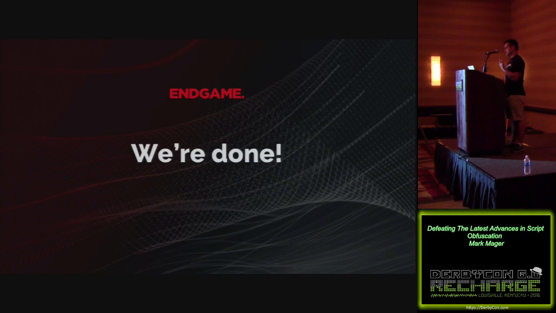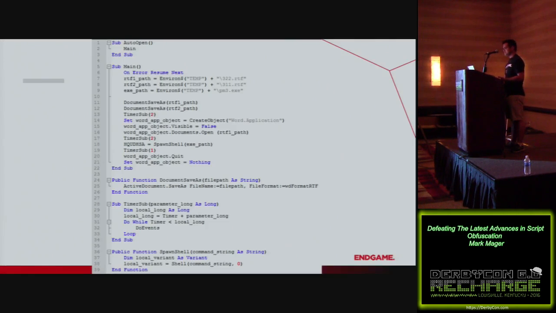Here's what the actual end result is. Definitely a little more clear, but if we want to go through and order the control flow, we're saving a copy of the active document, the current Word document that's being referenced. We're saving two copies of that, one called 322.rtf, one called 311.rtf.